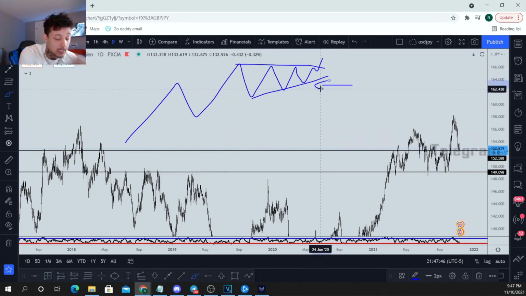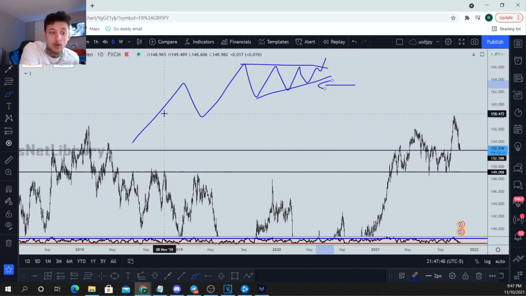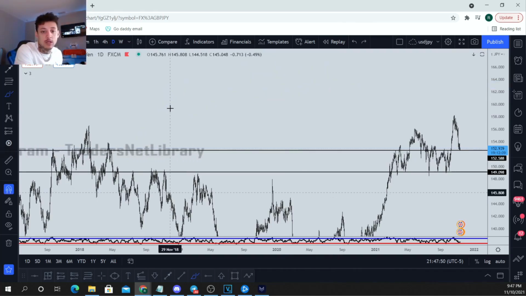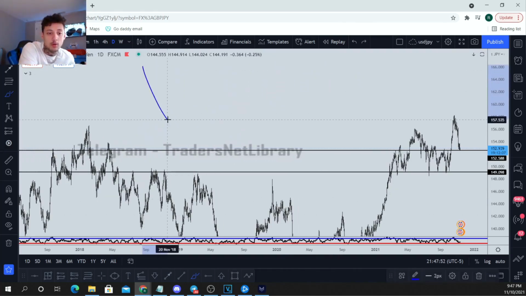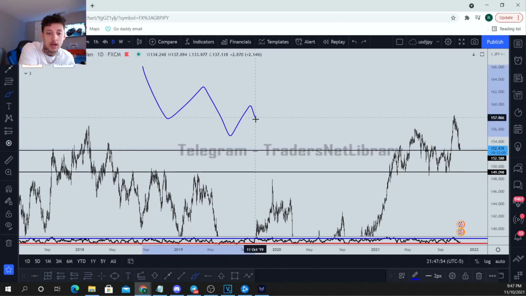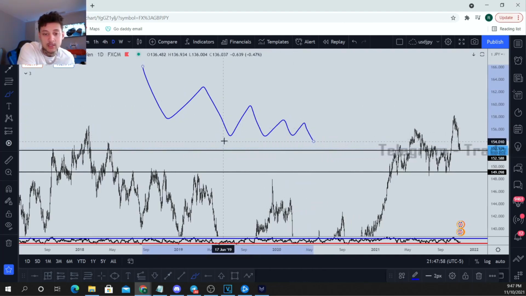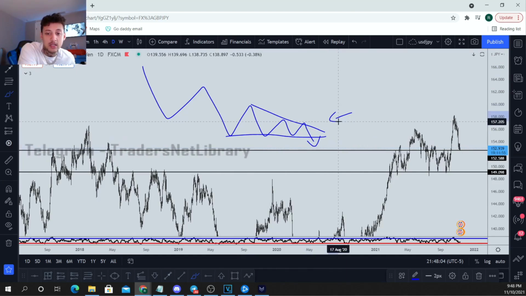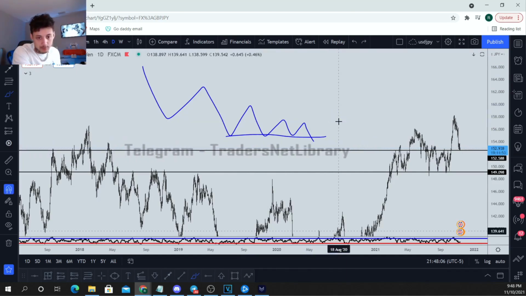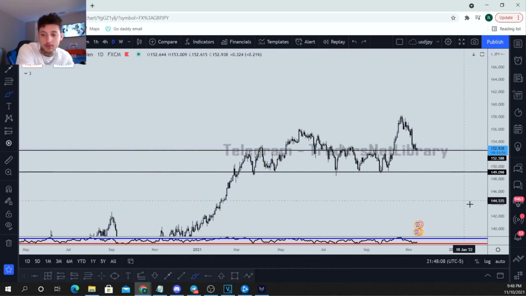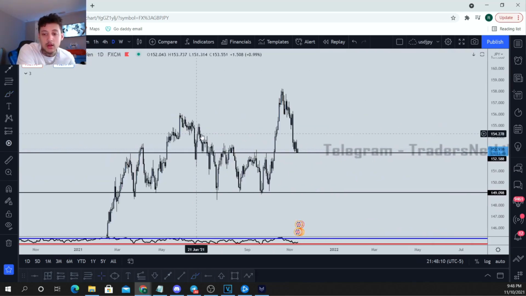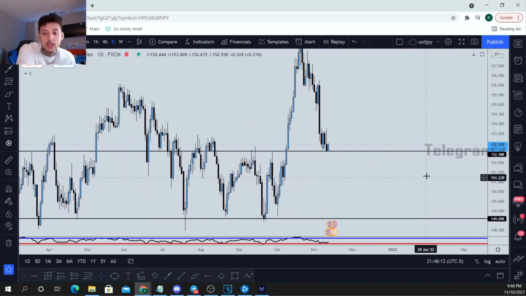This is going to be an example of an ascending wedge, and a descending wedge is pretty much the opposite, where price is forming lower lows and lower highs. So here we have our lows, and here we have our lower highs. This is an example of a descending wedge. Like I said, there's many different forms of pullbacks within the market, but I just kind of wanted to cover that really quickly.